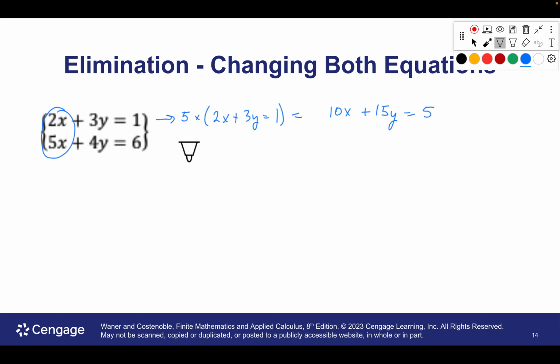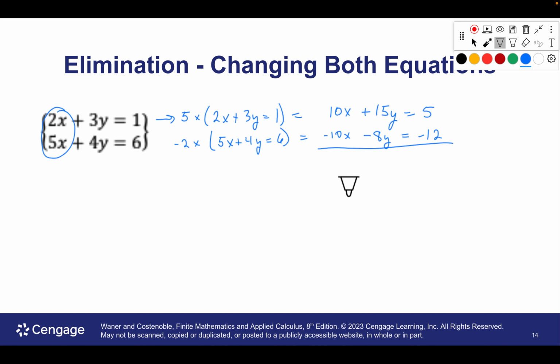This bottom one I'll multiply by negative 2 because again I've got to get the opposite sign. Negative 2 times 5 is negative 10, and we see that cancels nicely. Negative 2 times 4 is negative 8y, and negative 2 times 6 is negative 12.